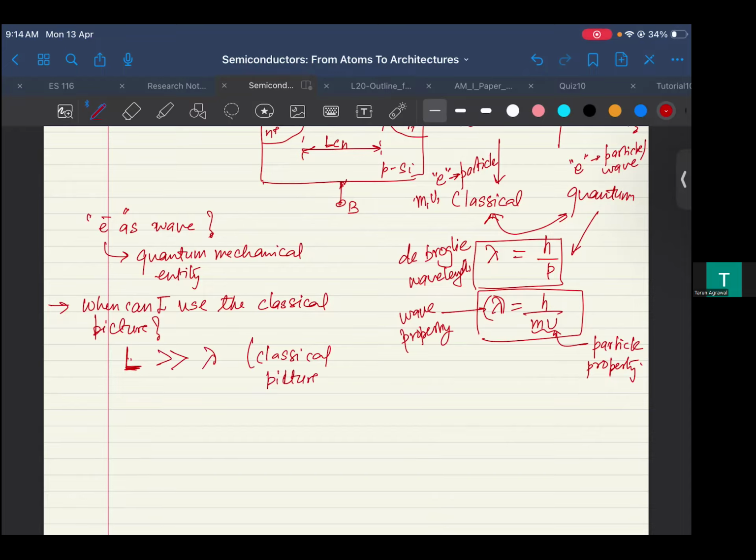The simple explanation for that is that the wavelength of the electron, or de Broglie wavelength of the electron, is much smaller compared to the length scale, or the length scale is much bigger.